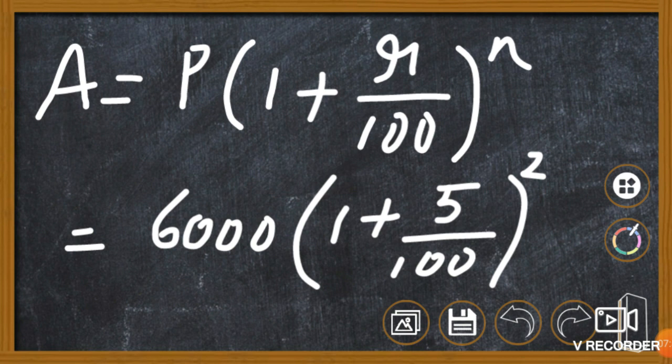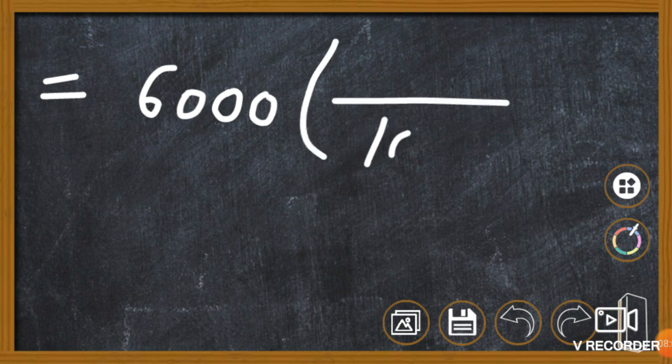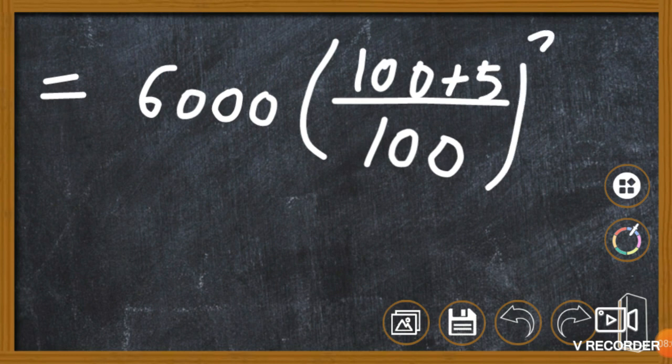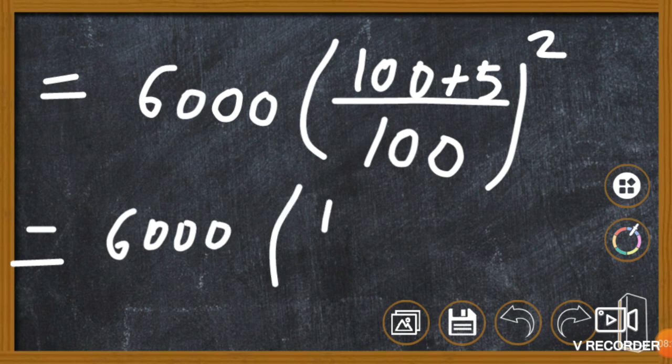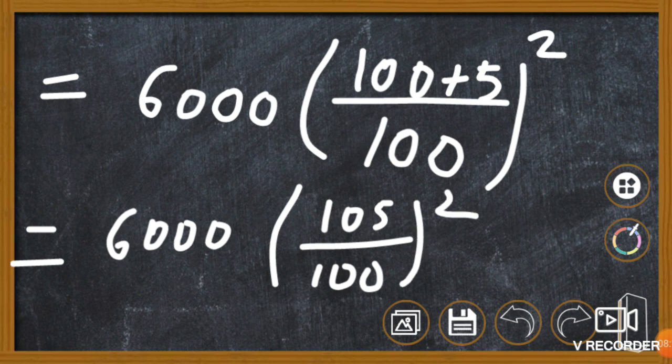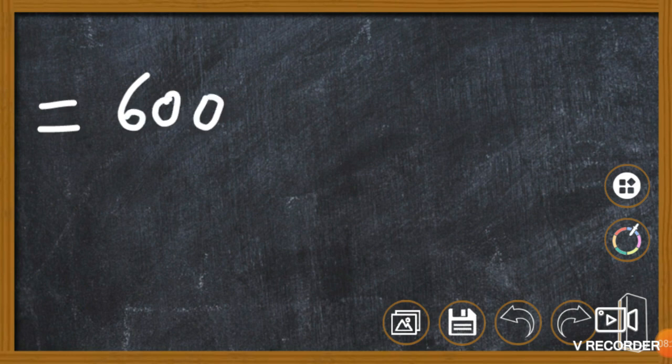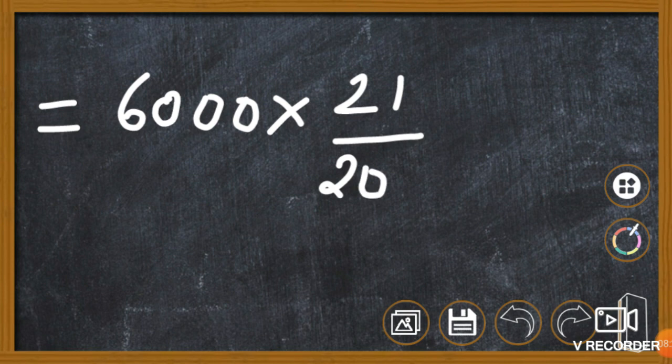In the next step, take its LCM, that is 100, so it is 6000 into 100 plus 5 whole square, that is equal to 6000 into 105 by 100 whole square. After simplification, it results as 6000 into 21 by 20 into 21 by 20.